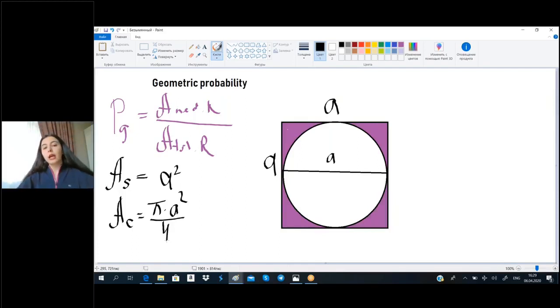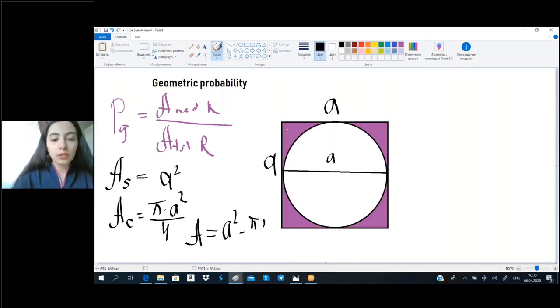That's all. Now let's find the area of the shaded region. In order to find it, we will subtract the circle from the square. Area of the shaded region will be a squared minus pi a squared over 4, or we can take out a squared as common factor. It will be 1 minus pi over 4.